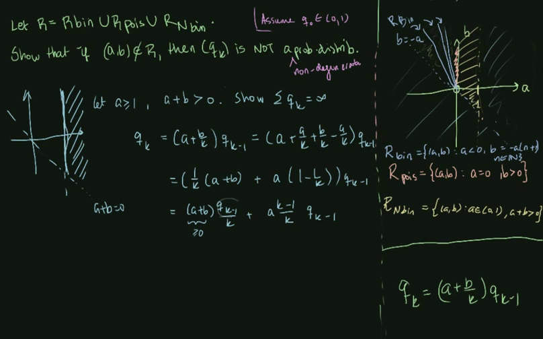We know that this is greater than or equal to 0. So this entire term is greater than or equal to 0. And then we have that everything is greater than or equal to A multiplied by K minus 1 over K QK minus 1. Now, since A is greater than 1, we can remove the A and pay for that by another greater than or equal sign.